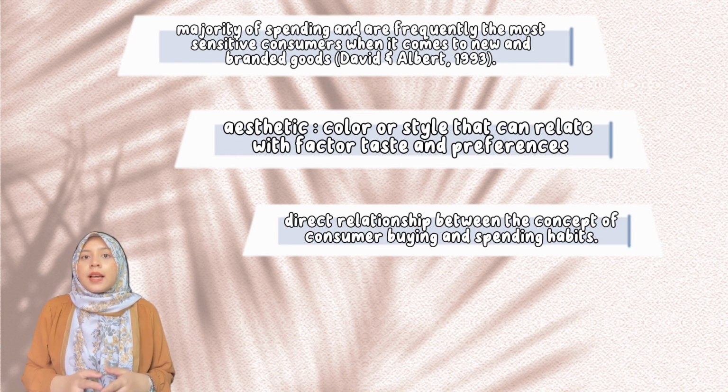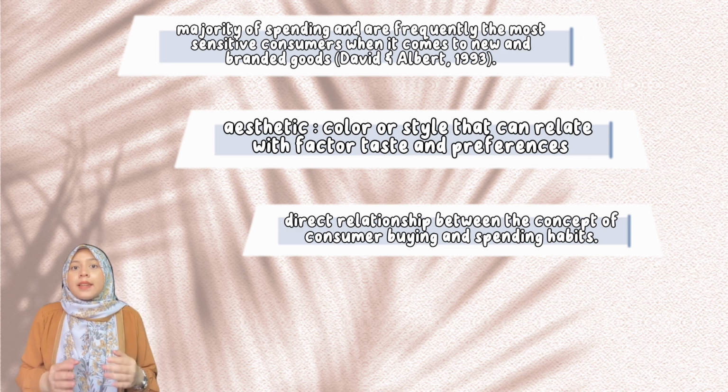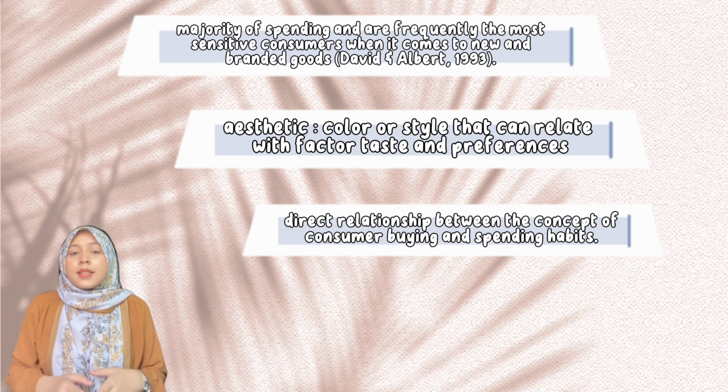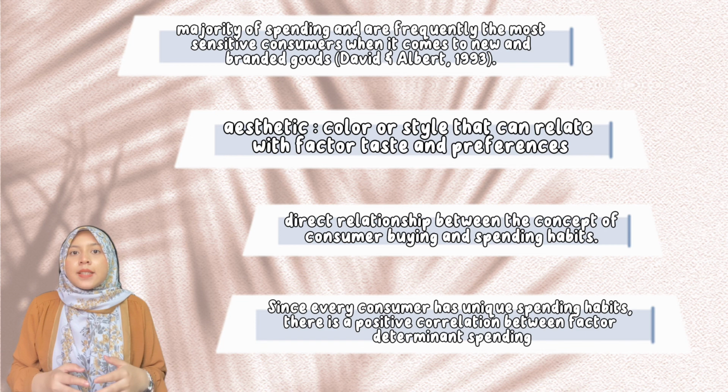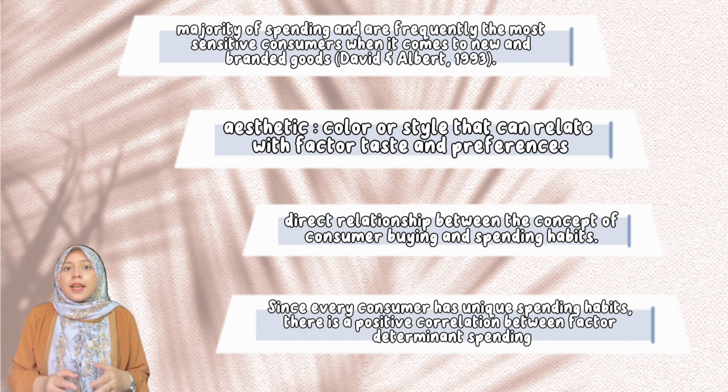Therefore, before making a purchase, a buyer will research a product, figure out what they need to know, and then decide what to buy. Since every consumer has unique spending habits, there is a positive relationship between factors determining spending.